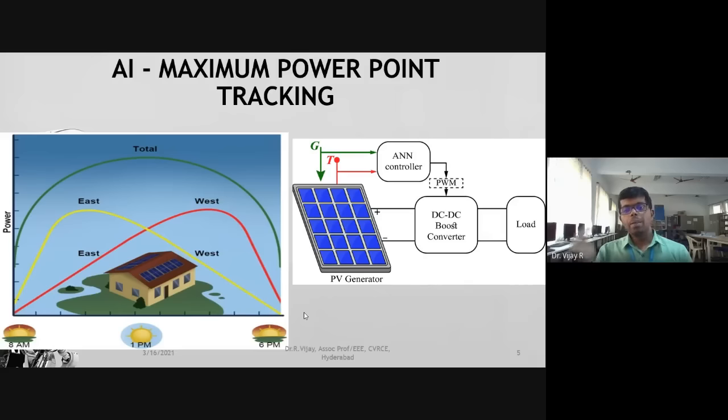Sometimes the battery will be charged by the solar panel, sometimes it has to be utilized. Say you are staying away in the office, and by that time your battery gets charged. Some message has to be given to you that your battery is charged, so that power is fed into the grid.